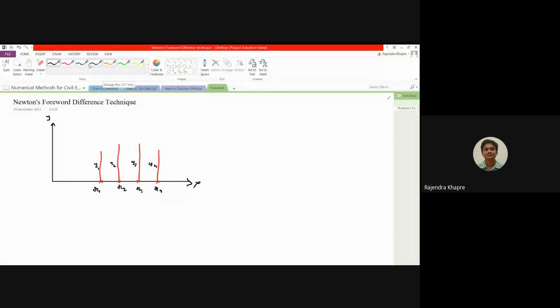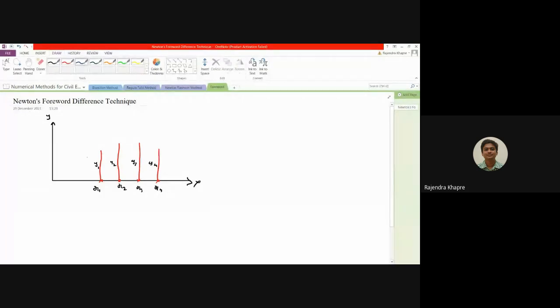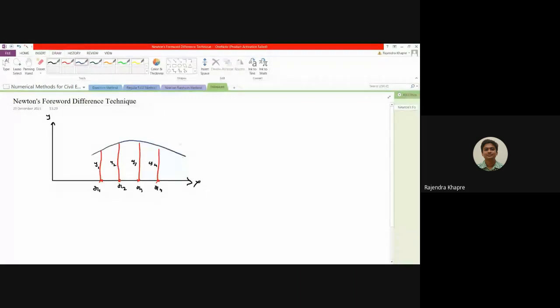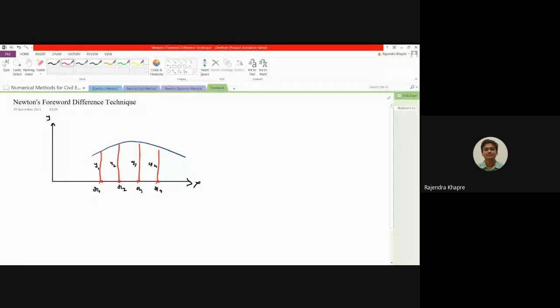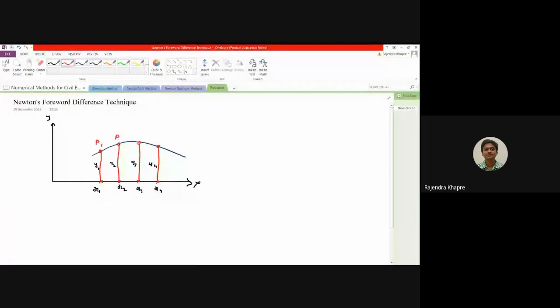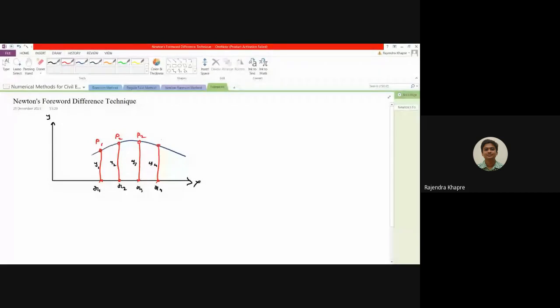If you join these points, you are going to get a curve which is something like this. So we already have these 4 points: p1, p2, p3, and p4.